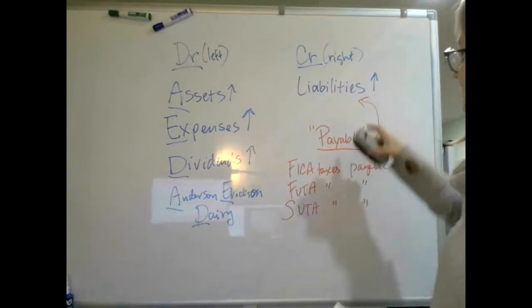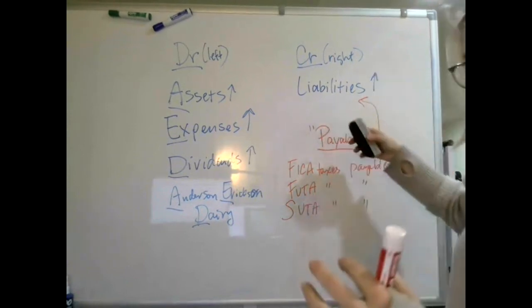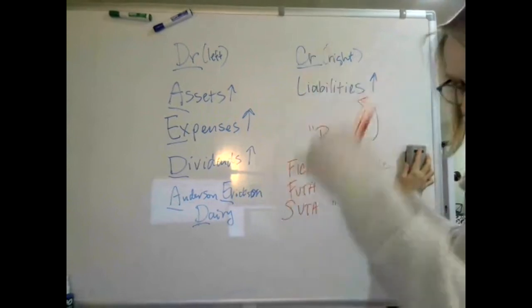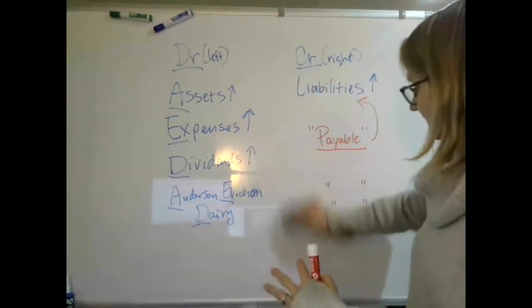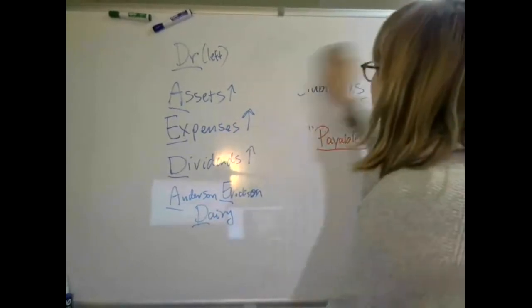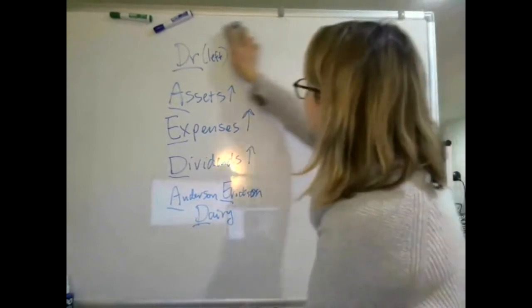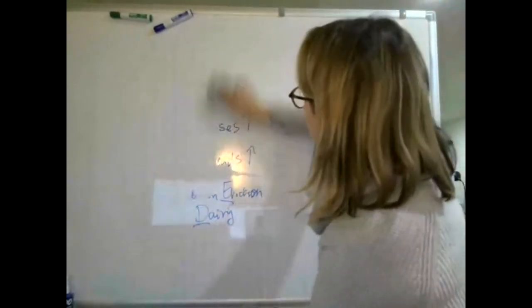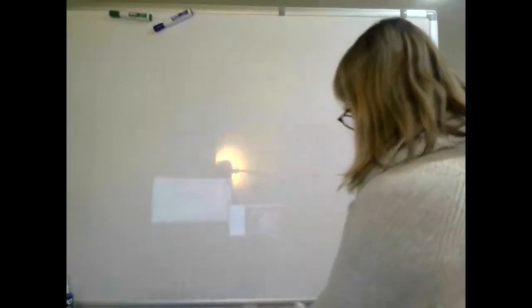Okay, so the word payable is going to show up when it's a liability, and we're going to go through again all the different accounts that we use when we're making these journal entries. Okay, so just kind of a preview, I guess. Not really a preview. I don't know what you'd call it. A sidebar. But that AED is what I mainly wanted to point out to you.